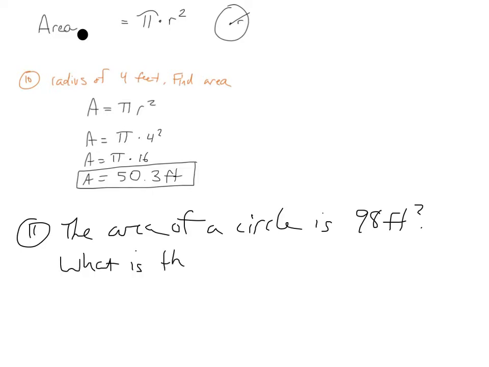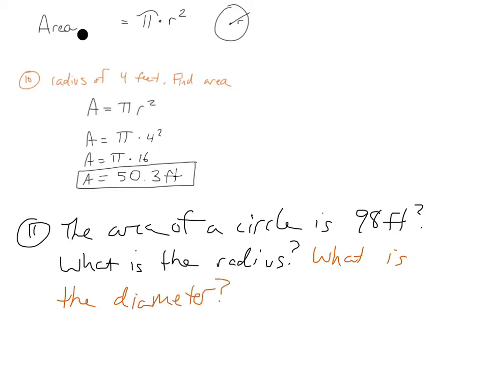What is the radius? And then how about also, what is the diameter? Why don't you take a minute, and I want you to pause the video and work on this one, okay? The area of the circle is 98 feet. Find the radius and then find the diameter. See if you can get it.